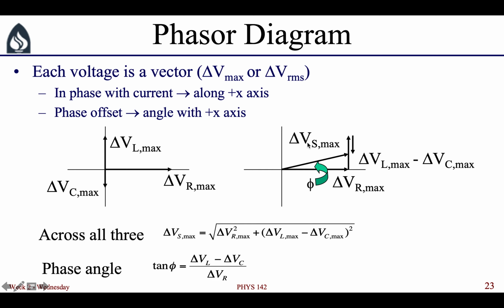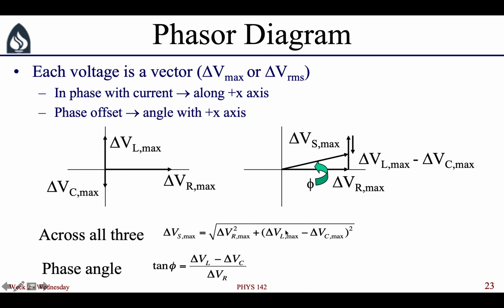If we then look at how we would calculate this, if we need to find this length here, we need to use the Pythagorean theorem. The x component of this triangle, this leg of the triangle here, is the maximum voltage across the resistor. So we square that, plus, so this would be like a squared plus b squared.